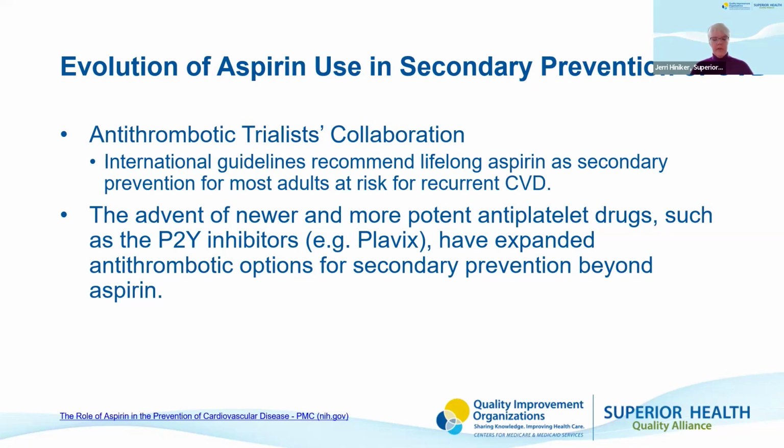But as I mentioned before, we're seeing other newer and more potent antiplatelet drugs, such as the P2Y inhibitors, like Plavix. And there are also other antithrombotic options for secondary prevention besides aspirin. So that's why we're not seeing even aspirin as much for secondary prevention.